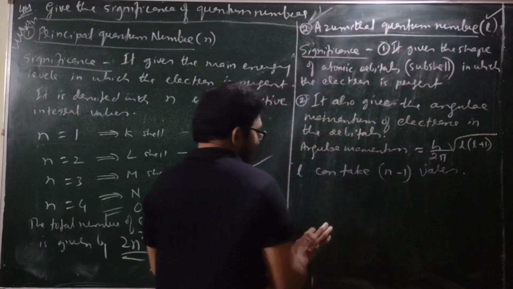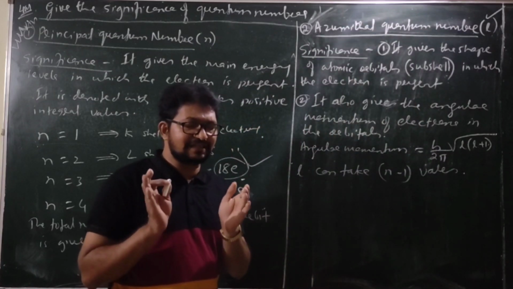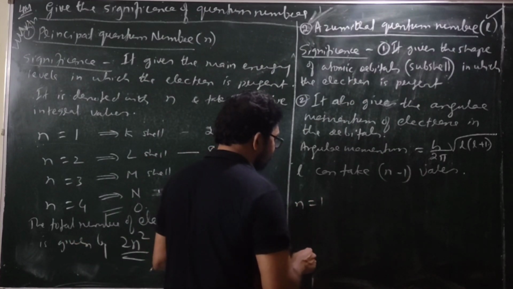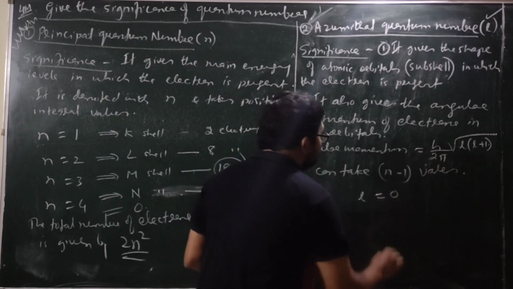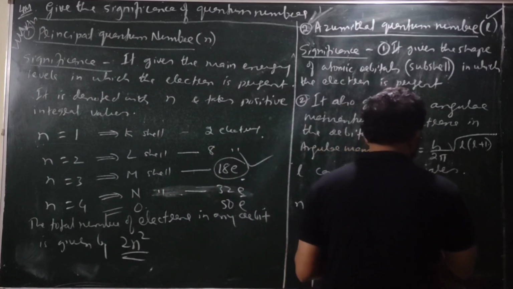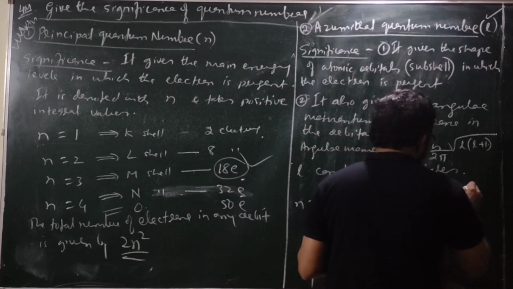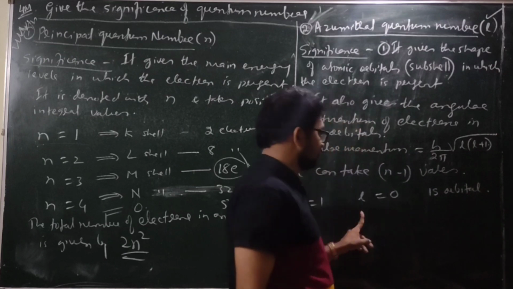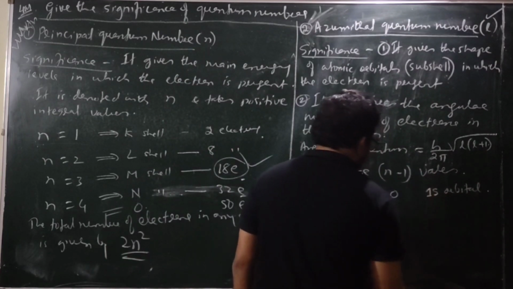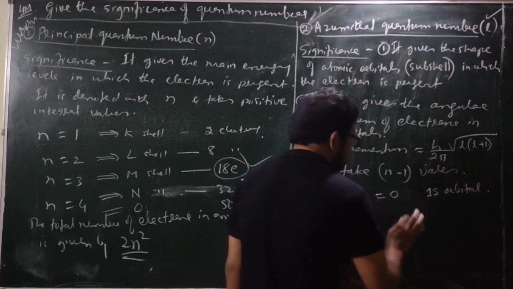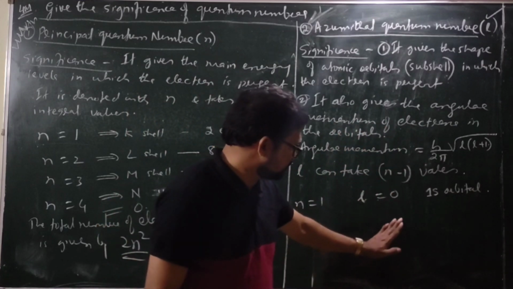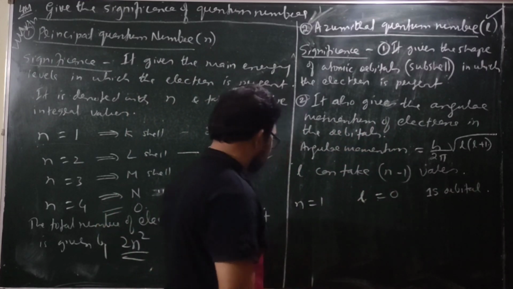So this I will write, concentrate very carefully. If n is 1, then L is 0, and this we call the 1s orbital, because L equal to 0 signifies an s orbital. Very, very important idea, what I am writing now.